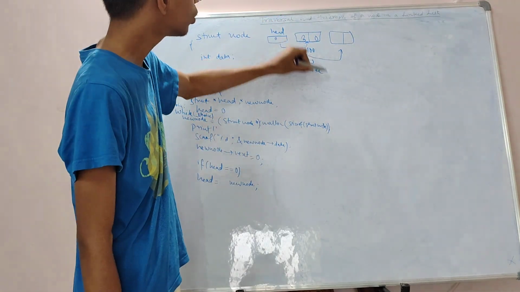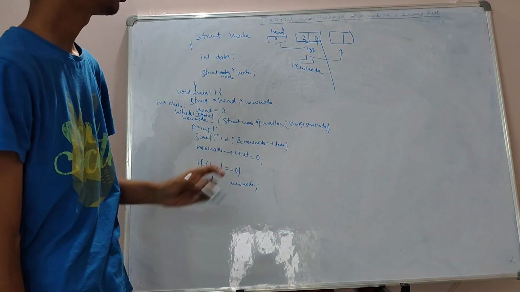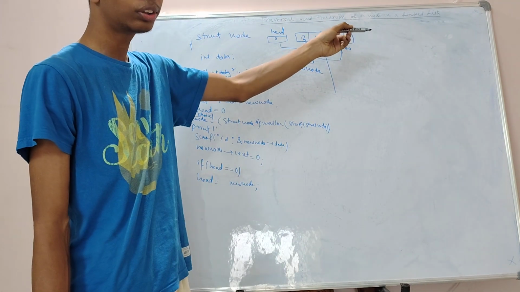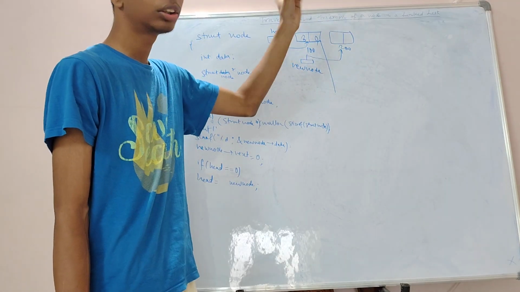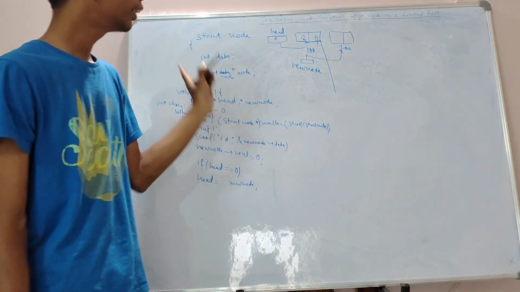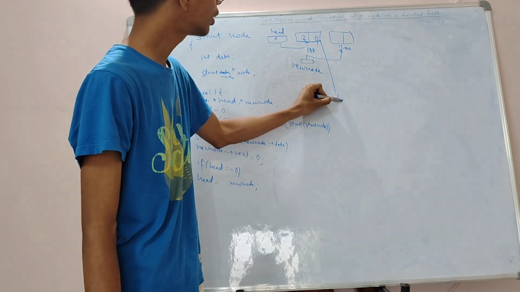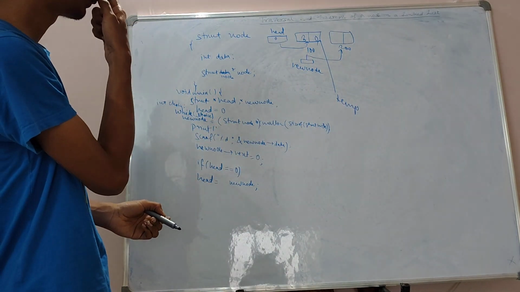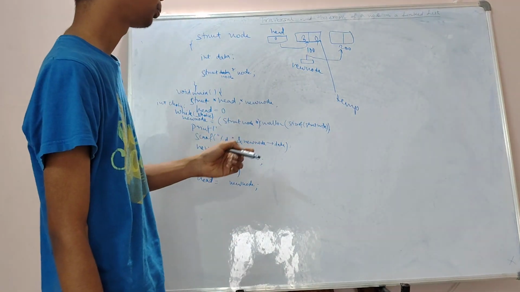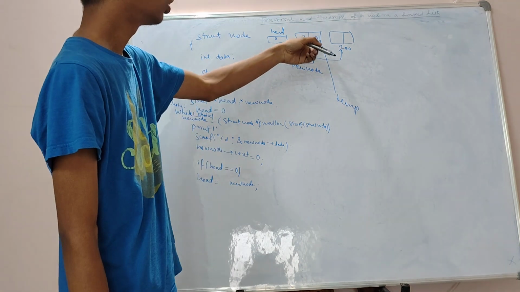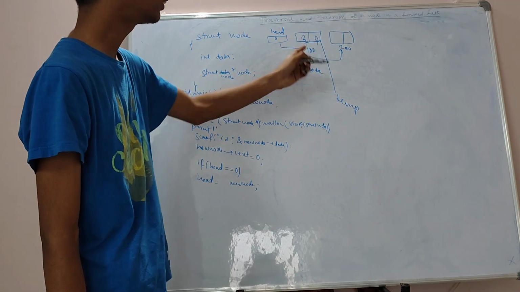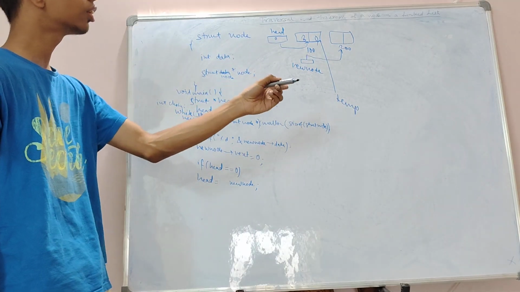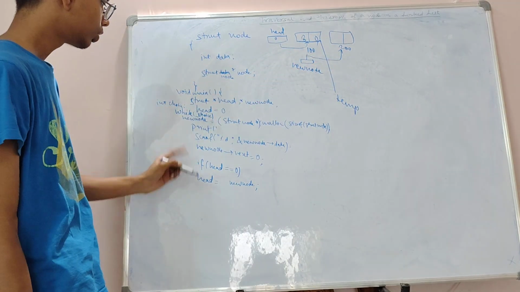So to store here the address of this new node that I have again created, I will use another pointer, temp, which will now go there in the next part, and then it will help me to store the address of the next node.